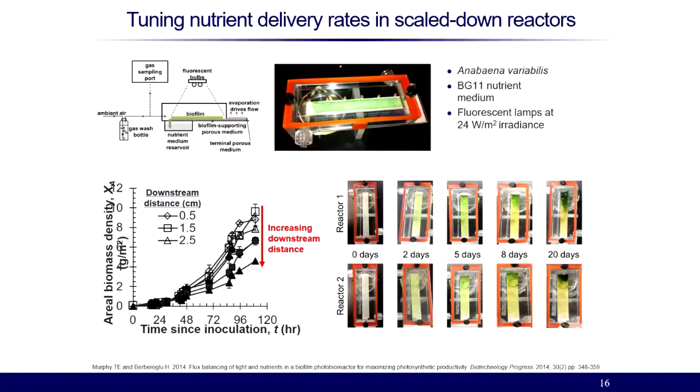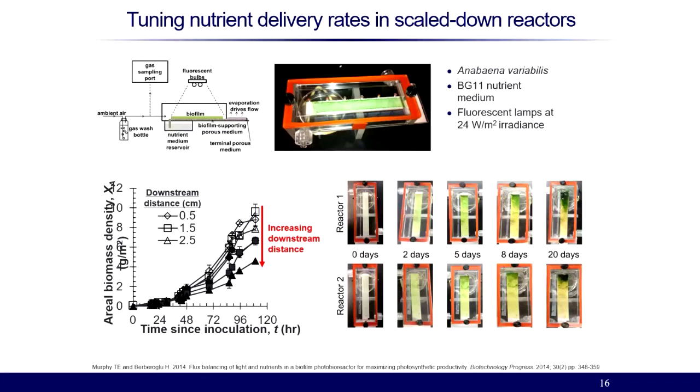You can see that in the pictures of the reactor on the right side of the slide here. If you look at reactor 1 at 20 days, you can see that it's very green and dark close to the nutrient medium reservoir, but it looks dead or yellow farther downstream.